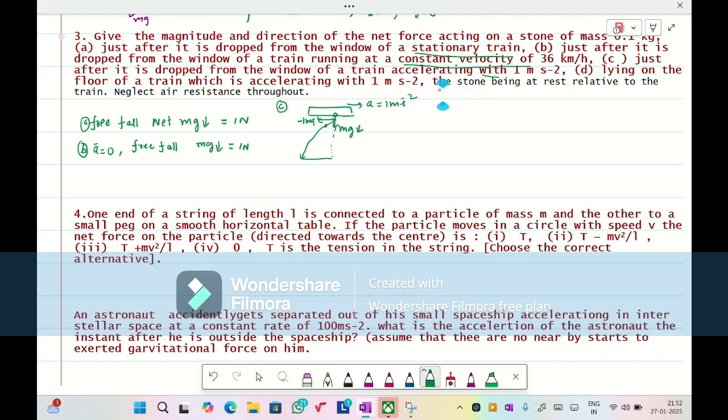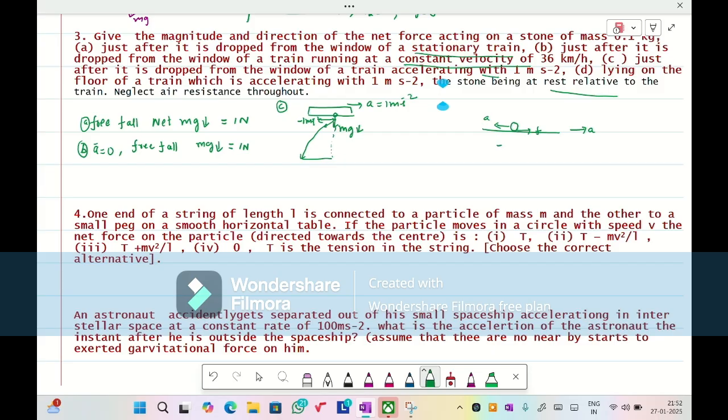Now D: a stone lying on the floor of a train which is accelerating, the stone being at rest relative to the train, neglecting air resistance. The net force is asked. This is the floor of the train, and here the stone is there. Because of the acceleration of the train, the stone is also getting acceleration in this direction. And it is given at rest relative to the train. Therefore there is some other force in the form of friction acting in the opposite direction, which is equal to ma.